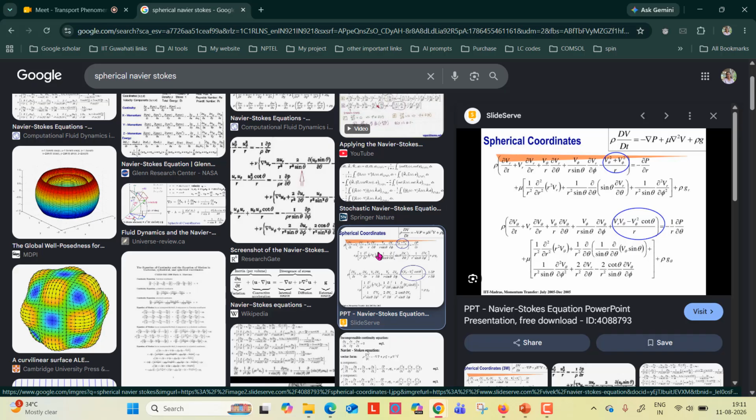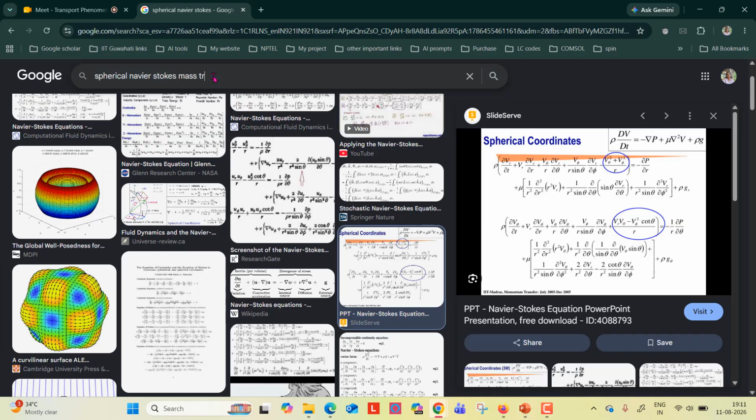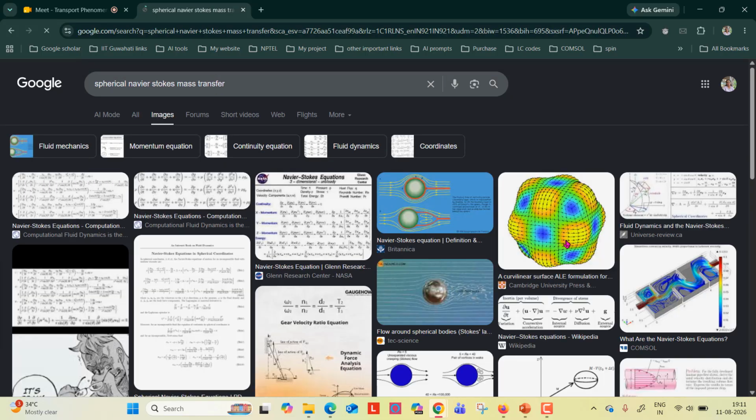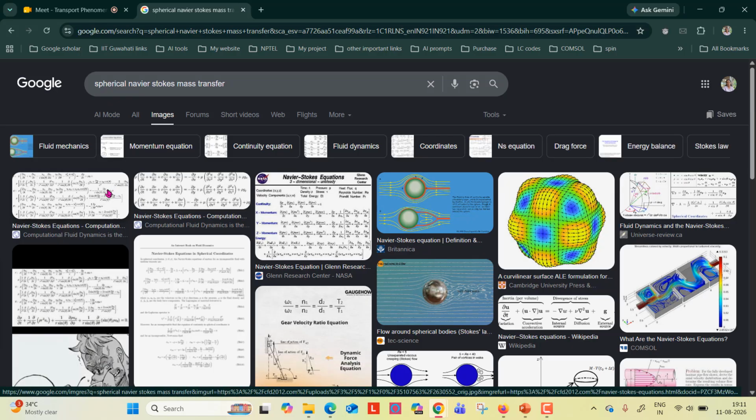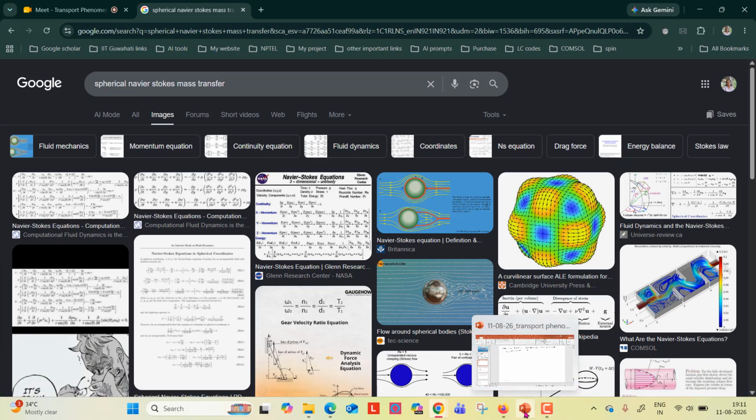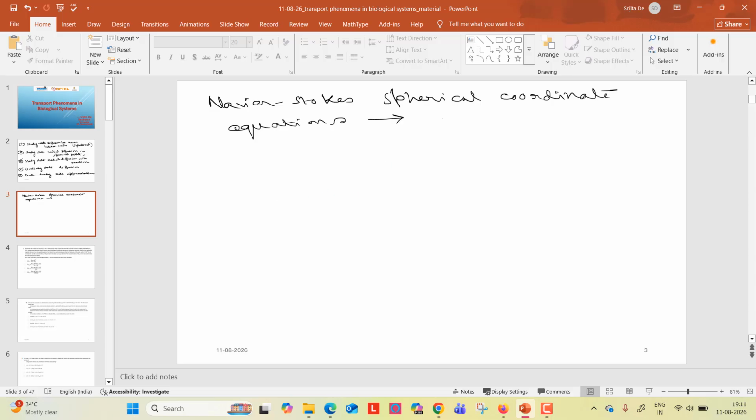There is no convection, that means the left hand terms will all be cancelled out, right? So we'll be writing this for mass transfer, remember.